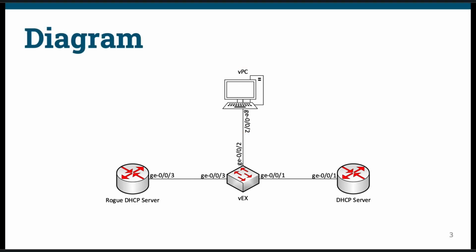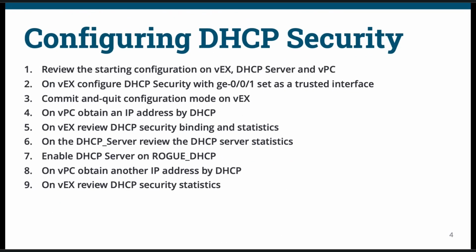So, now that we've reviewed today's lab topology, let's review the configuration goals and instructions for this demonstration. In the first part of the lab, we'll configure DHCP security. First, we'll review the starting configuration on the EX switch and the DHCP server, and then we'll proceed to configure DHCP security on the EX switch.